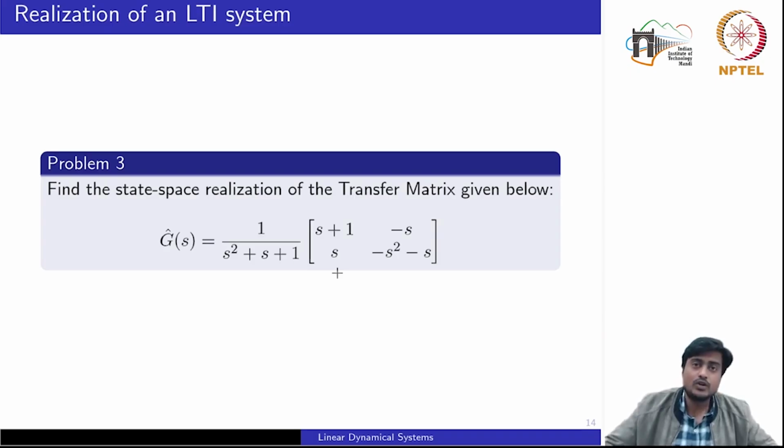So we'll see how you can obtain that specific representation, but at the same time we should not forget that the transfer function is a unique representation, but the state space representation is not unique. So we will obtain one specific representation. Otherwise there exists an infinite number of representations.